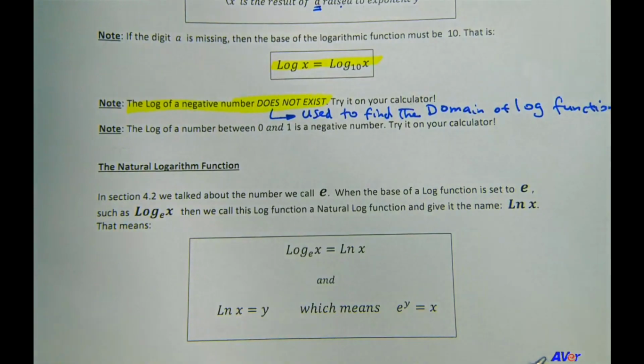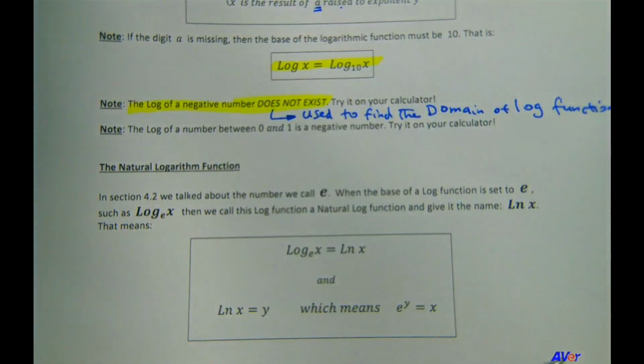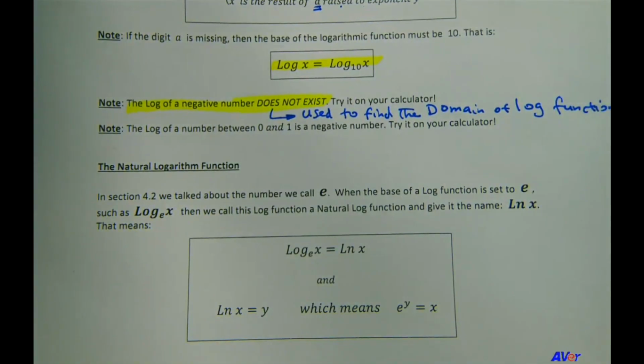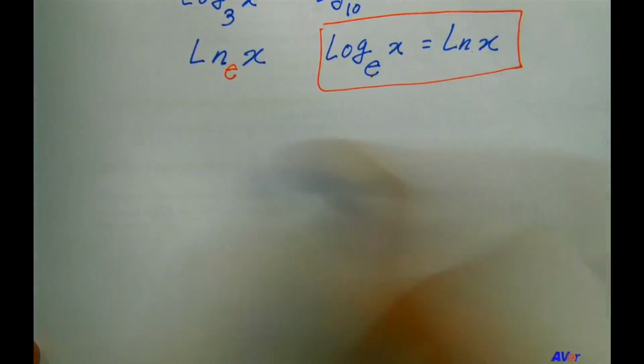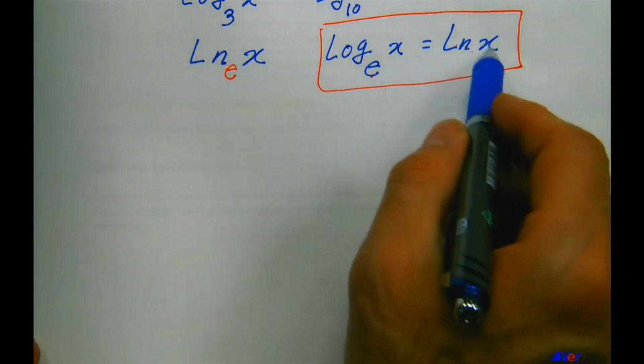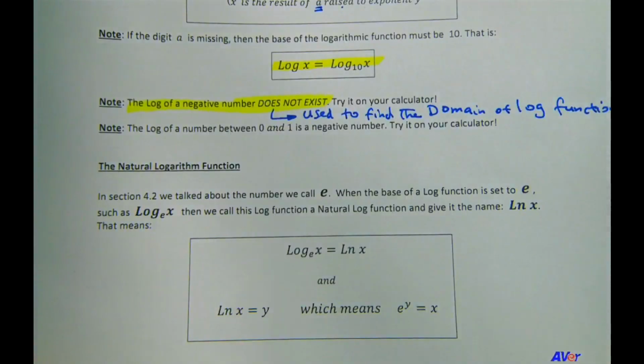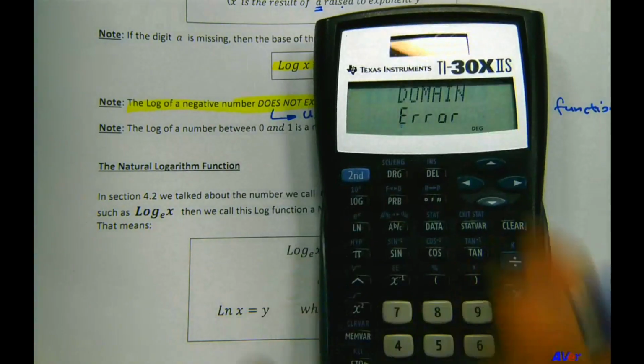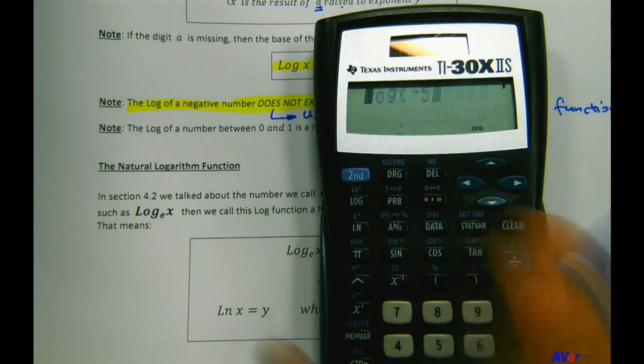It's the same thing with respect to the natural log function. Natural log of a negative number does not exist. Once again, we can look at that on the screen here.